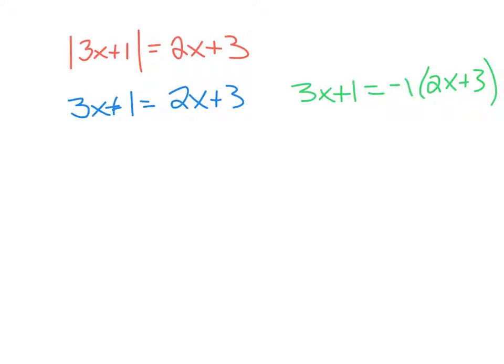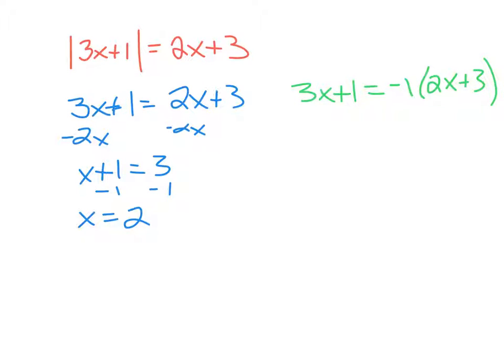All right, so we've set them up, so let's go ahead and just solve these. So the first one here, I'm going to subtract 2x to the other side. And we have x plus 1 equals 3. Subtract 1, and so then x equals 2. Now we might as well check this one while we're already here. And so I'm going to go up into the original, and make sure you always go to the original.